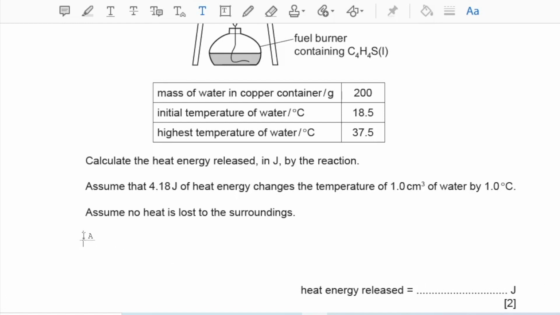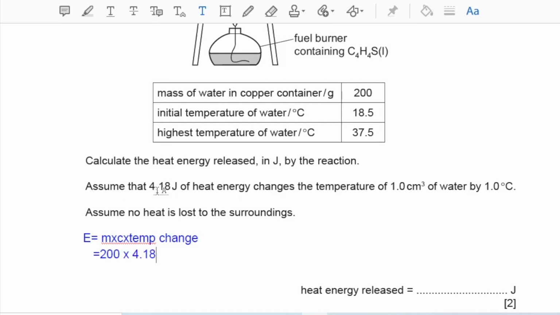Okay, so the equation is energy is equal to mass multiplied by specific heat capacity of water into the temperature change. Over here, mass has been given to us, which is 200 grams. We need not convert grams into kilograms, so we will just write 200. The specific heat capacity is 4.18.